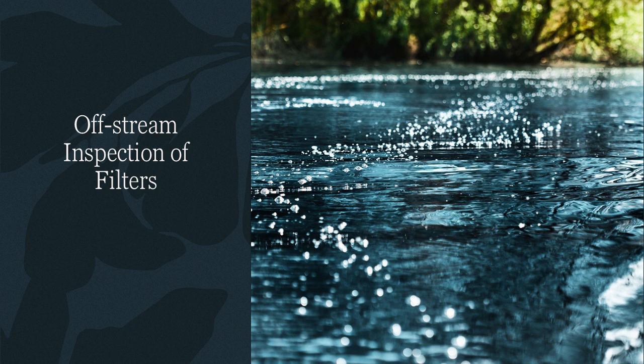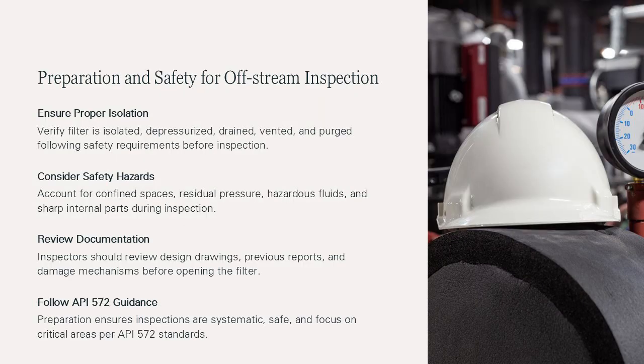Preparation and safety for off-stream inspection, internal examination, and acceptance criteria. Off-stream inspection is performed when the filter is isolated, depressurized, and opened for internal examination. Proper preparation is essential to ensure safety and inspection effectiveness. Inspectors must verify that isolation, draining, venting, and purging procedures have been completed in accordance with plant safety requirements.